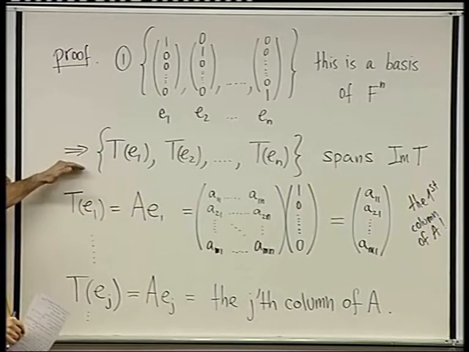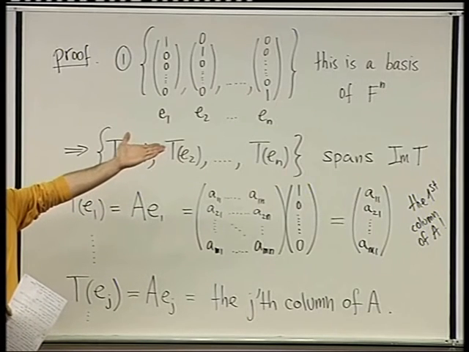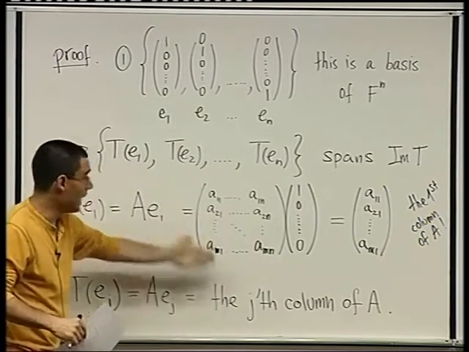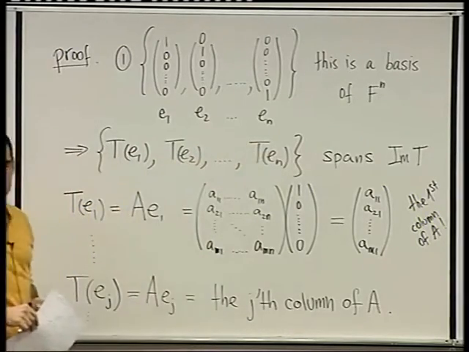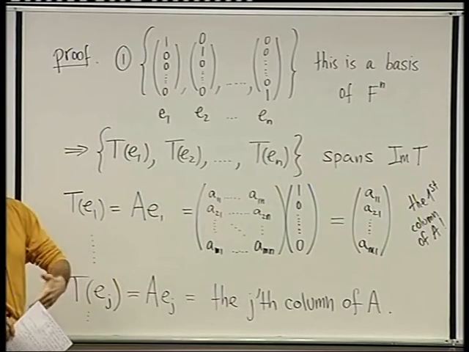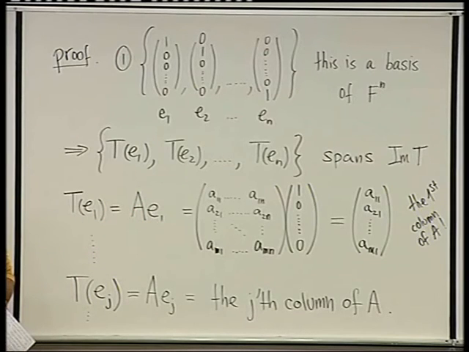And this statement is that the columns of A span the image. These are the columns of A, and these span the image. The columns of A also span col A, so they're the same.